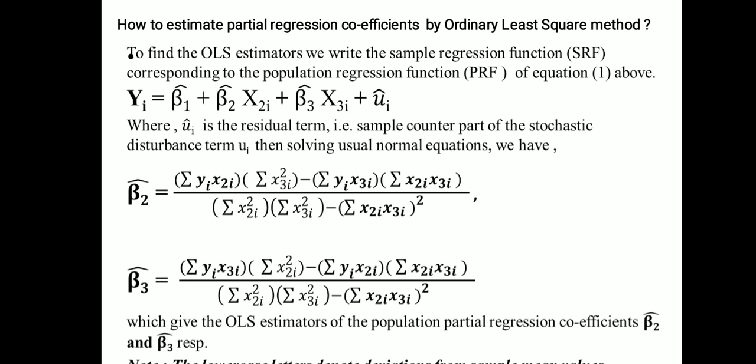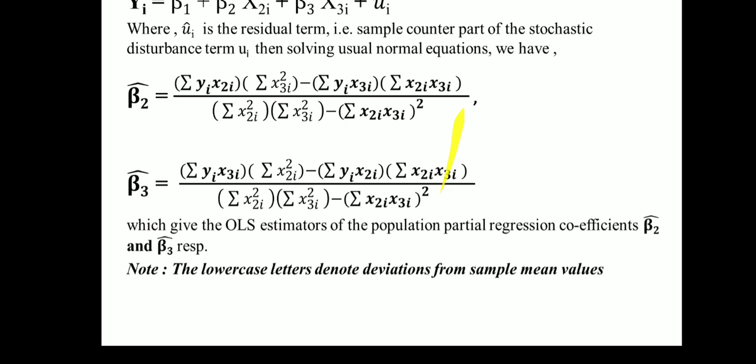Similarly, beta 3 cap equals summation yi x3i into summation x2i squared minus summation yi x2i into summation x2i x3i, whole divided by summation x2i squared into summation x3i squared minus summation x2i x3i, the whole squared. These give the OLS estimators of the population regression coefficients beta 2 and beta 3 respectively.